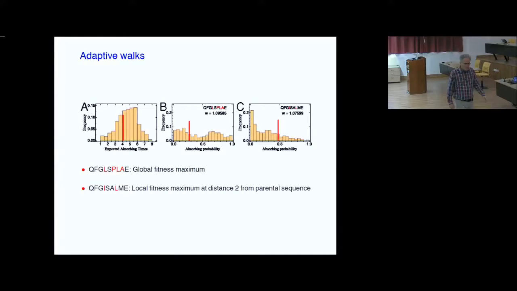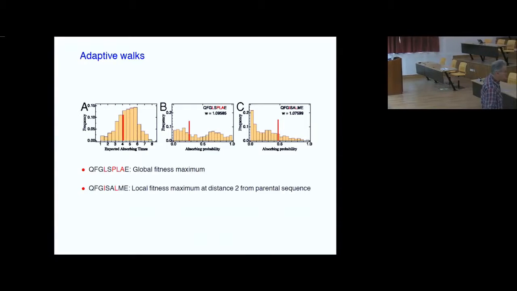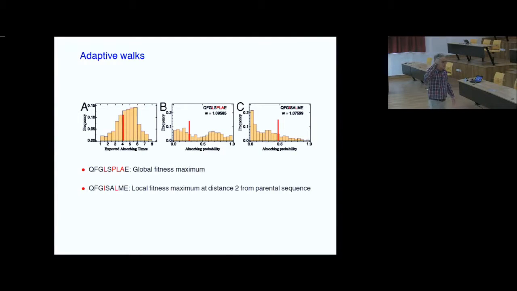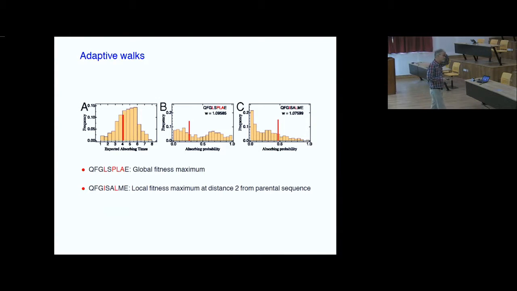This is quite useful in particular for large data sets. This data set is not that large. It has 640 genotypes, so they were actually able to determine all the maxima, but there are also data sets that are much larger where you cannot even computationally enumerate all the maxima. And so then what you can do is just send out an adaptive walk and see what it finds. And this is again from the Claudia Bank paper.